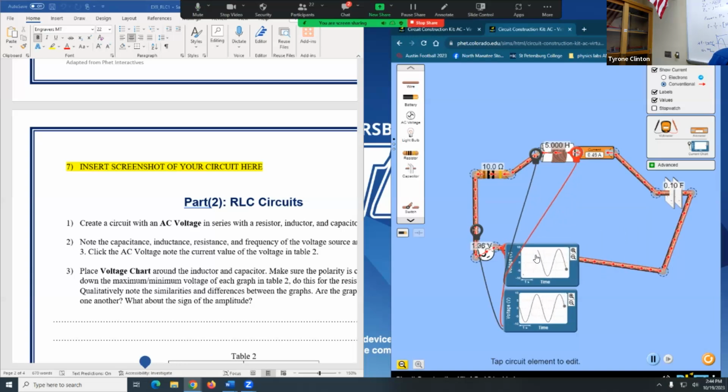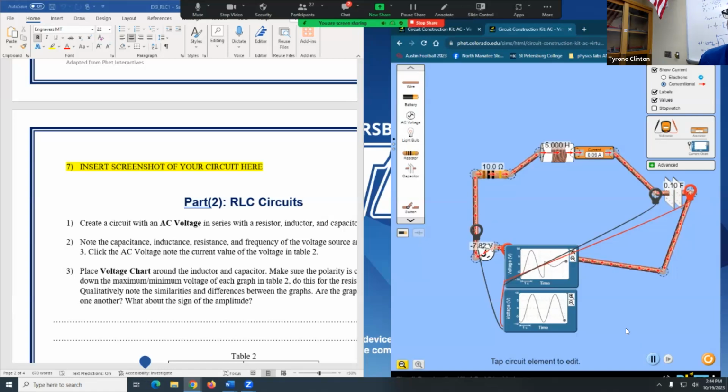So I won't give it all away, but you can kind of see, let's see. I'm going to pause it right there. You can see now the voltages here are in sync with one another, right? So they're in line. Now, you're going to see later on, I guess we can only grab 2 of the voltmeters, but I'm going to move it over here, put it across the capacitor and run it.